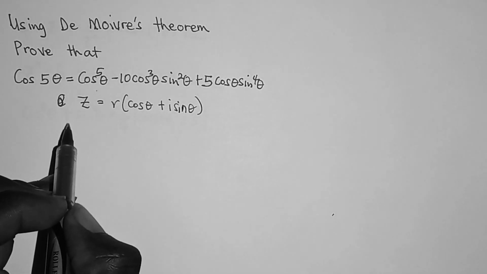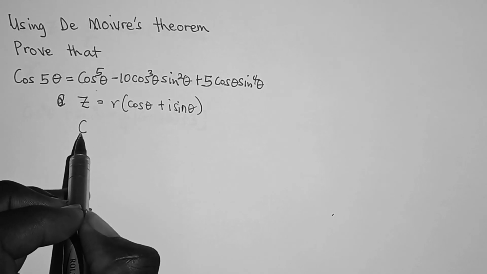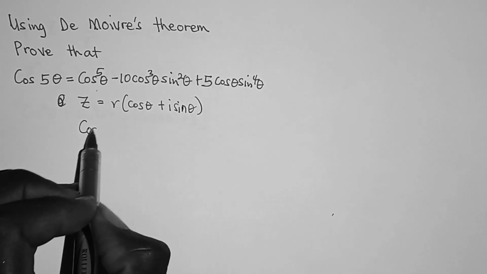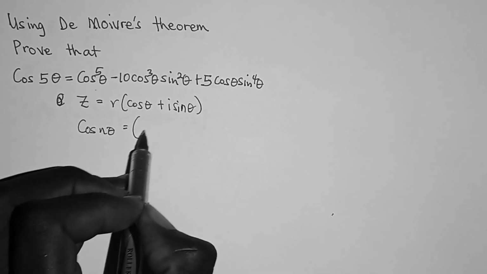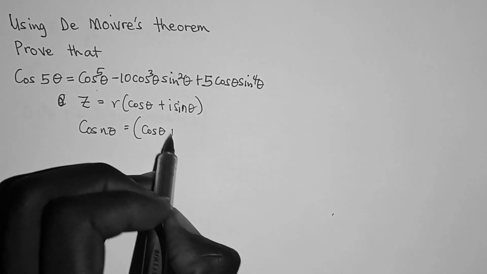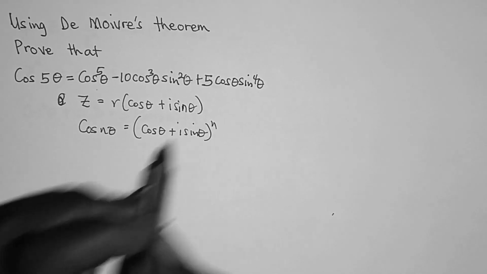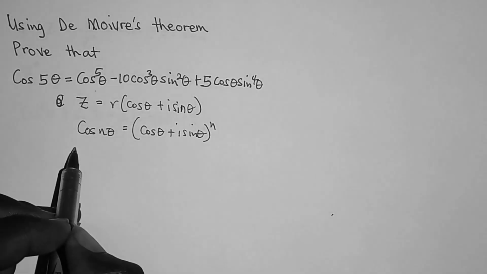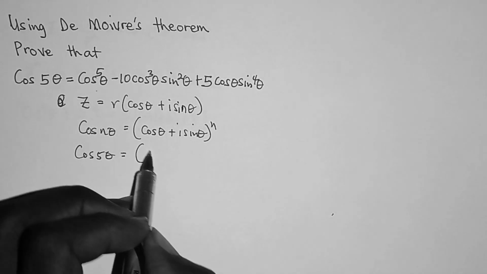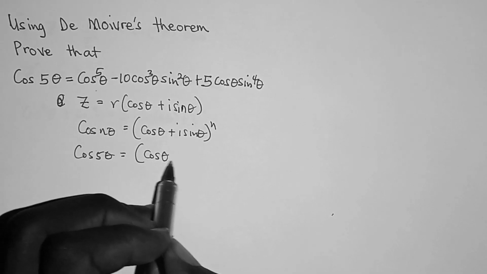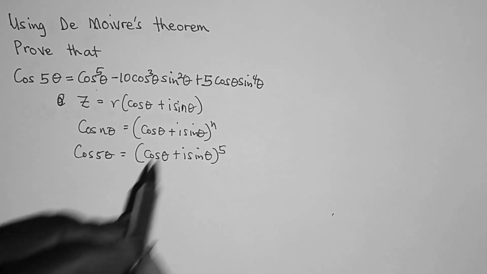We've already shown from previous examples that cos n theta is equal to, in brackets, cos theta plus i sine theta exponent n. And therefore, cos 5 theta is equal to, in brackets, cos theta plus i sine theta exponent 5.